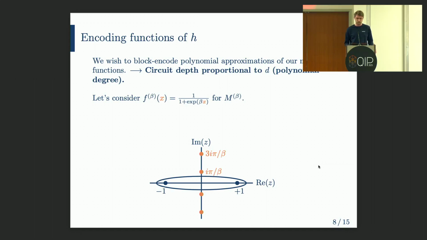So ideally, we will have a method that gives a good polynomial approximation on some constant range along the real axis, because our small h will have a spectral norm that is also constant.